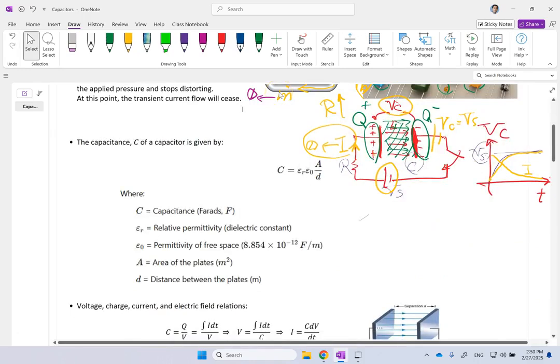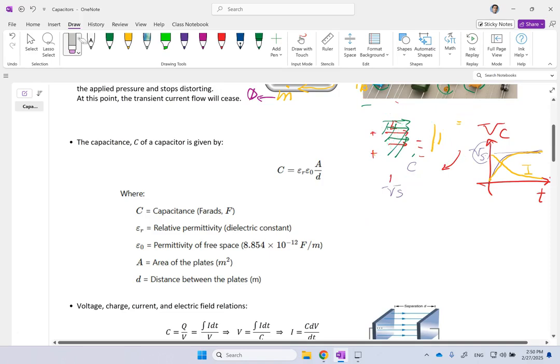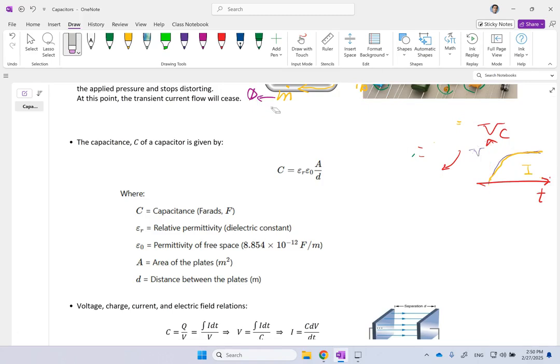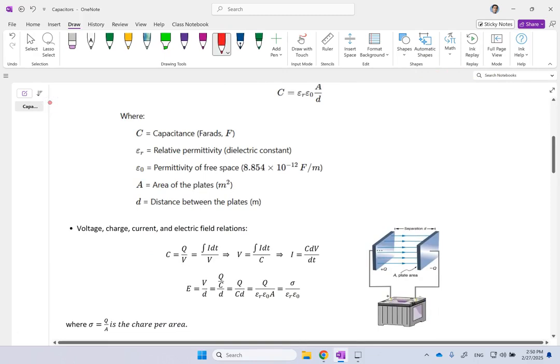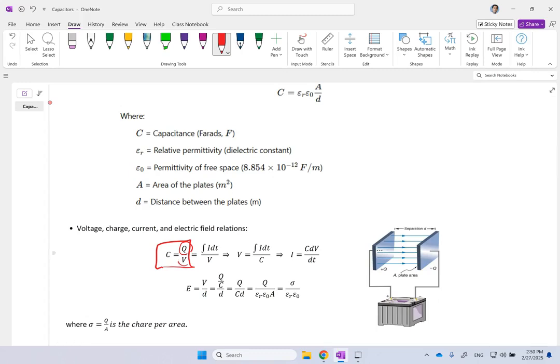So the first thing is, how do you calculate what we call the capacitance of a capacitor? And what does this capacitance have to do with the charge on the plates and the voltage across the capacitor? The capacitance of a capacitor, C, is defined as Q over V, where Q is the charge on the plates, V is the voltage across it, and C is the capacitance.